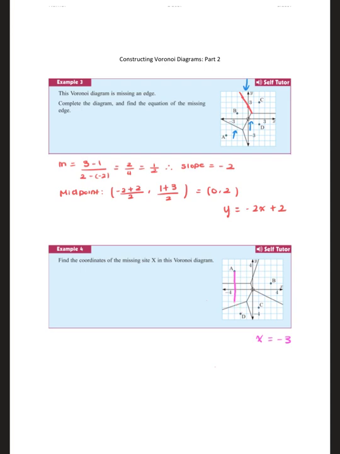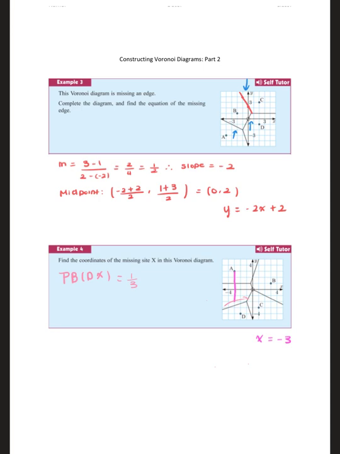Well, to find the slope of that light pink line, I need to find the slope of the perpendicular bisector and use its opposite reciprocal. Well, I know the perpendicular bisector's slope, right? I can find that pretty easily. So if I go up 1 and over 3, it looks like the slope of the perpendicular bisector of DX is equal to 1/3, right? It's just the slope of that line.